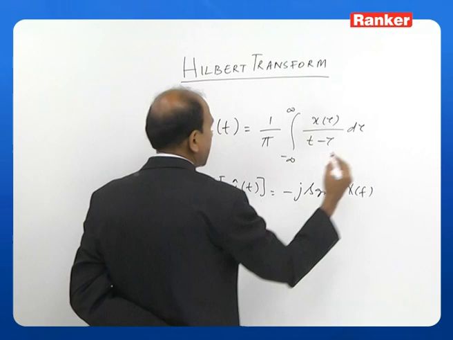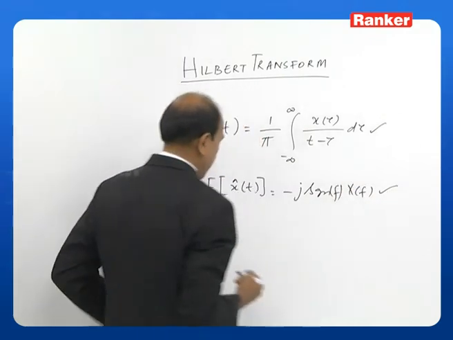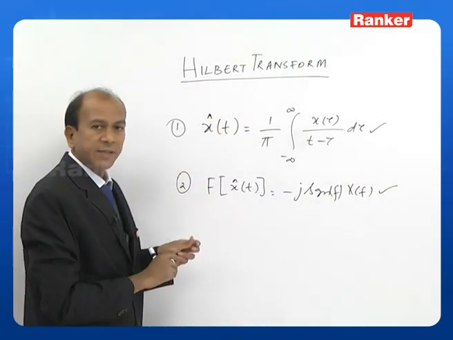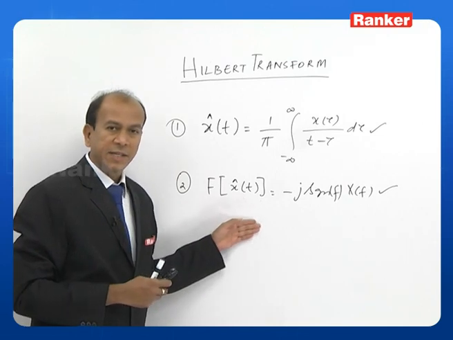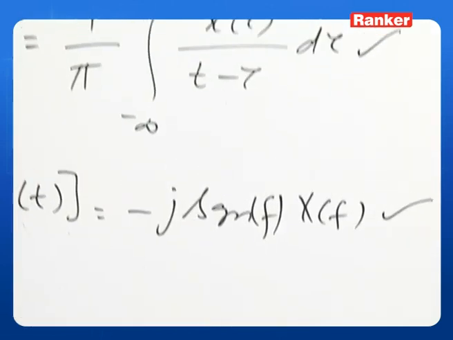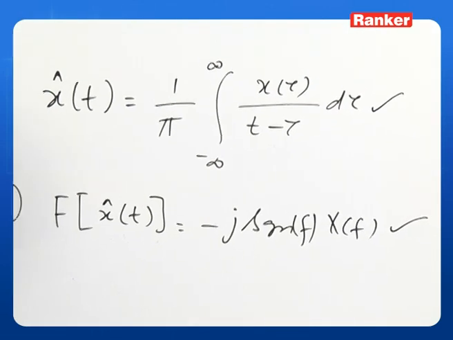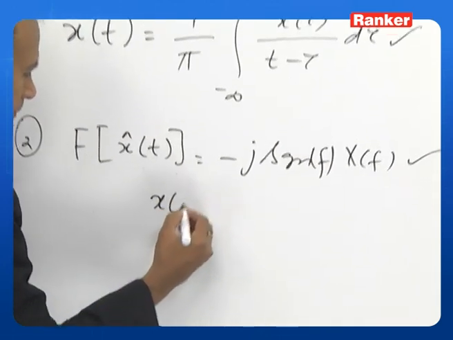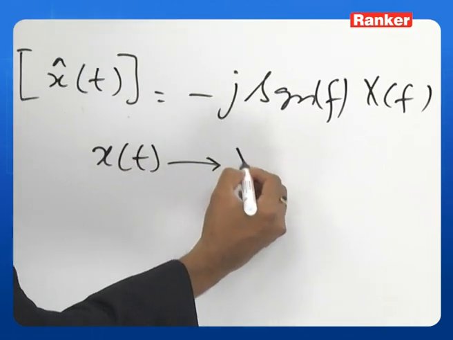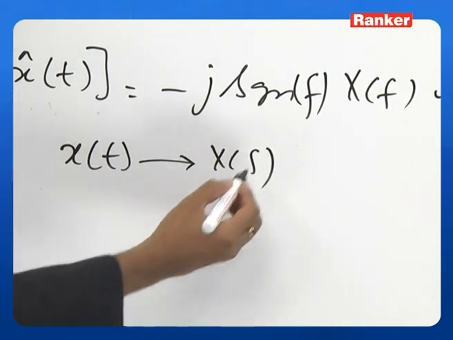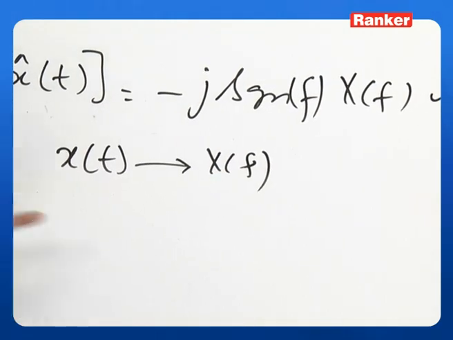So, these are the two formulas you should remember here. There are two ways of doing this. One, if I know x of t, I will find out its Fourier transform, X of f. This is one way of doing it.